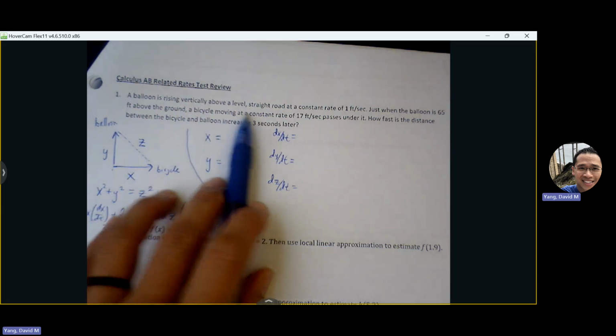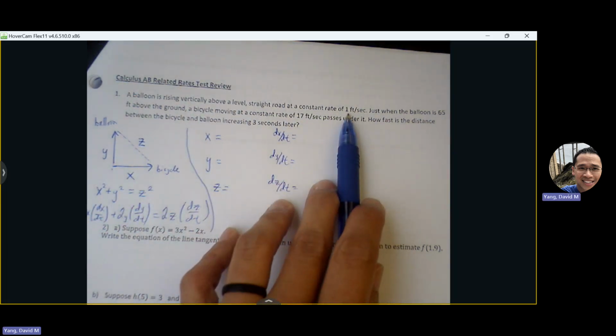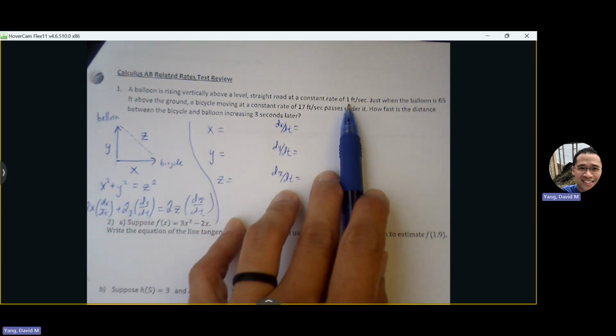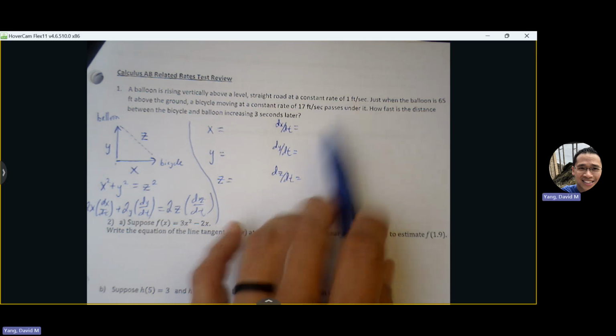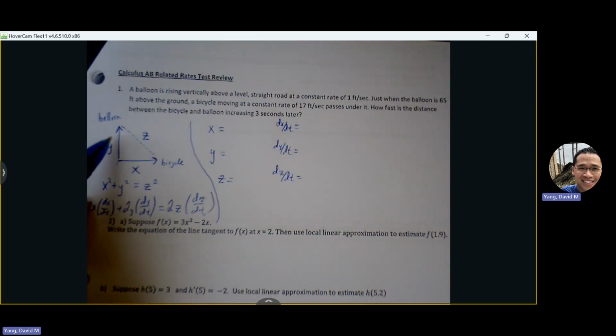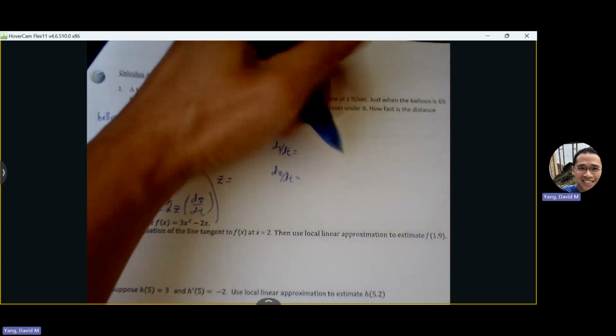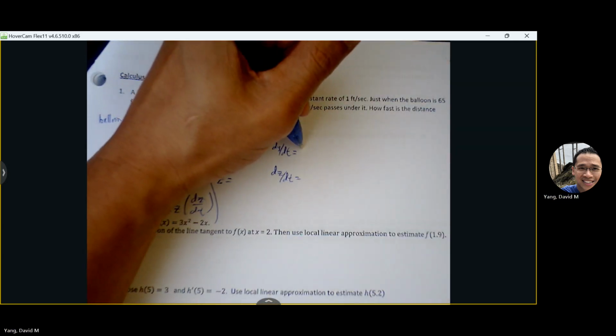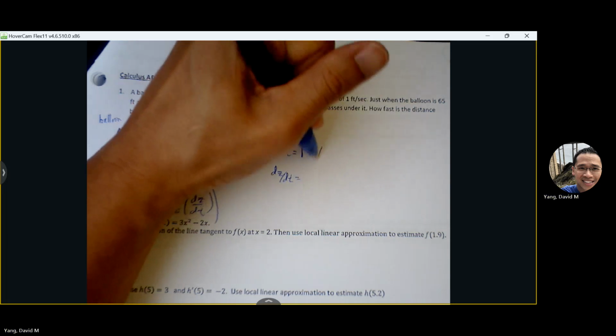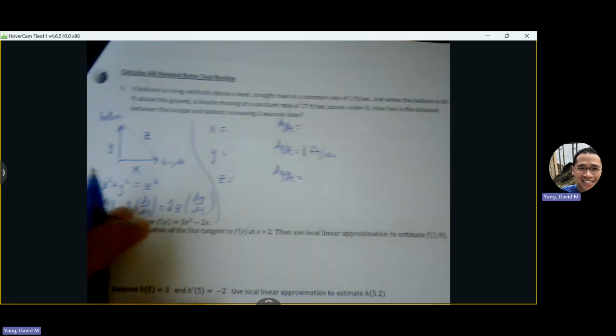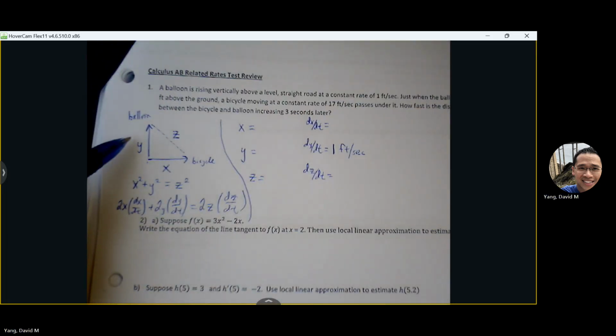Okay, the balloon is rising at a constant rate of 1 feet per second. Okay, what can we assign that value to? dy/dt, right? Well, vertical motion I've defined as y. So rate of change, there's a time component, positive or negative? Well, not because it's going up, because why?